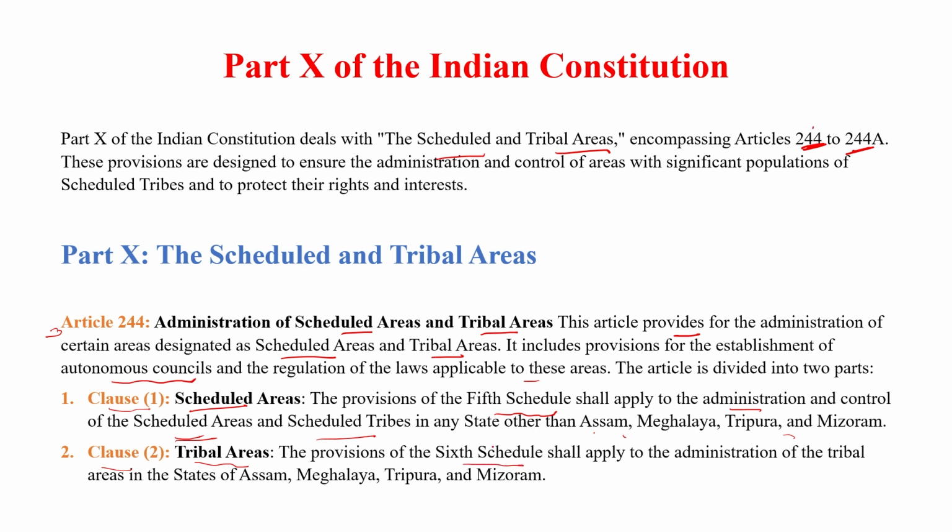So now you understand the difference between article 244 clause 1 and clause 2, or schedule 5th and schedule 6th. Apart from these four states, all state administration will be run according to the 5th schedule or article 244 clause 1. But article 244 clause 2 or the 6th schedule explains the administration of the tribal areas in Assam, Meghalaya, Tripura and Mizoram. So that is part 10th, article 244.